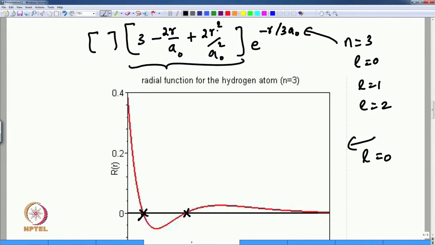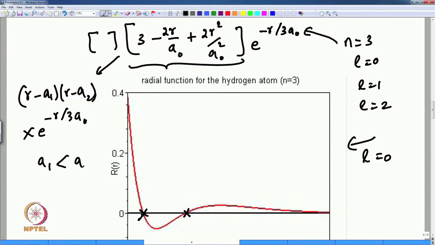And then as r increases, if you write this as the quadratic with 2 roots, (r minus a1) times (r minus a2) times e to the minus r by 3 a naught, and if a1 is less than a2.